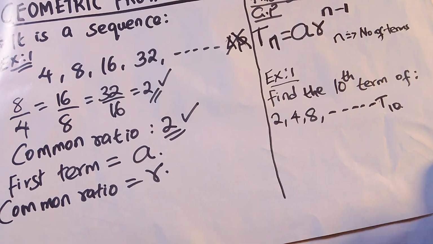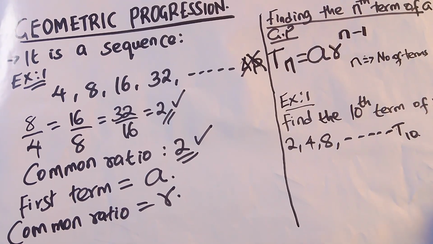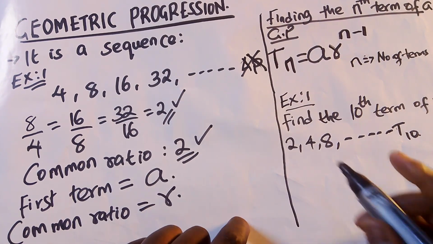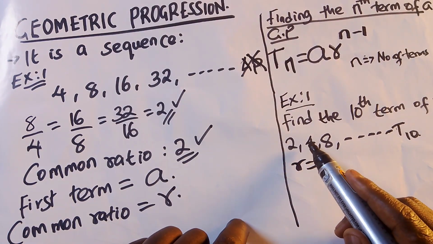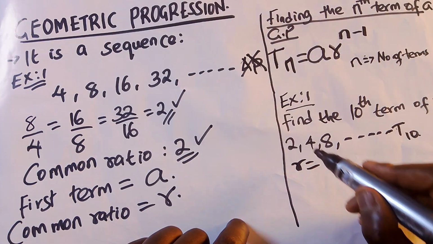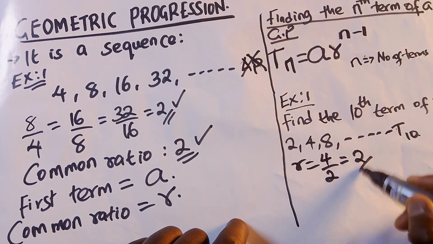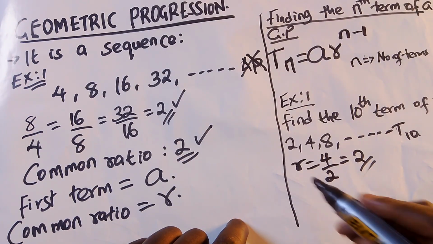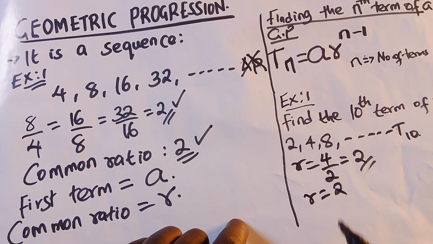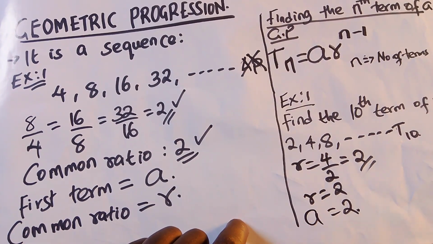That is what we are supposed to determine. How are we going to go about it? We are going to first determine our common ratio. Our common ratio in this case will be 4 divided by 2, which is 2. And we confirm with 8 divided by 4, which is also equivalent to 2. So our R is 2 and our A is 2.